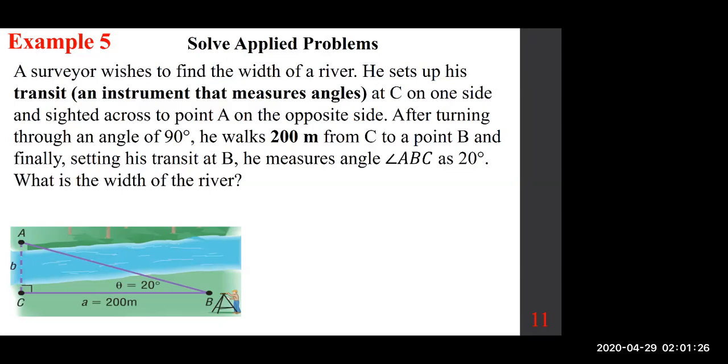He sets up his transit, an instrument that measures angles, at C on one side and sights across to point A on the opposite side. After turning through an angle of 90 degrees, he walks 200 meters from C to a point B. And finally, setting his transit at B, he measures angle ABC at 20 degrees. What is the width of the river?